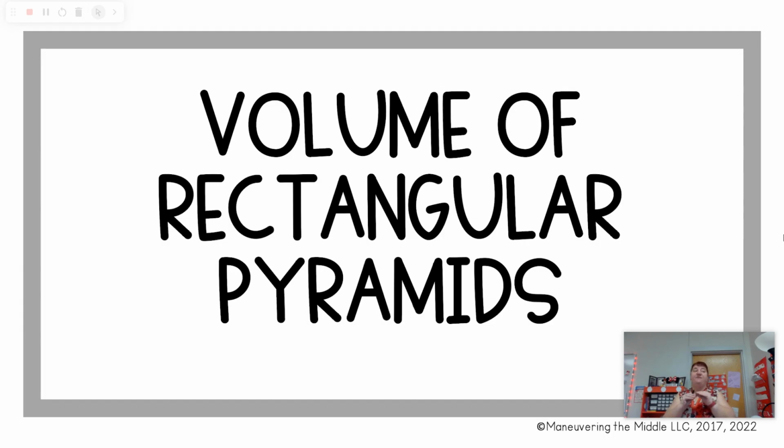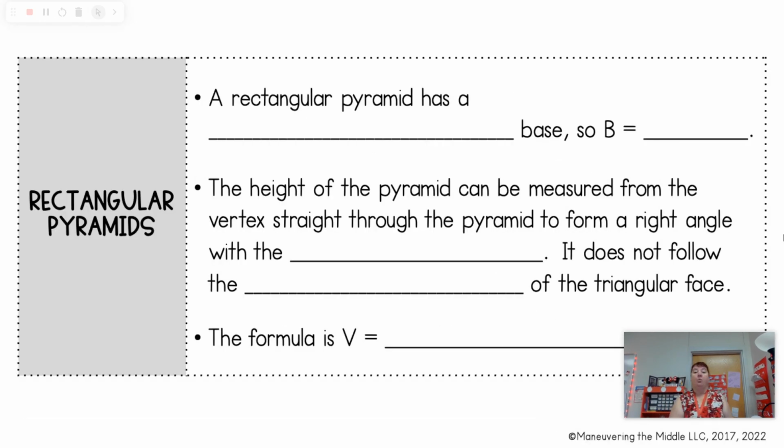If you would just take a moment, write down the formula, and then plug in the values, it's really not that hard. A rectangular pyramid has a rectangular base. So B is your normal base times height.